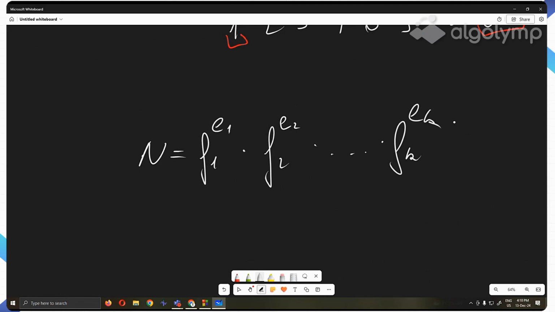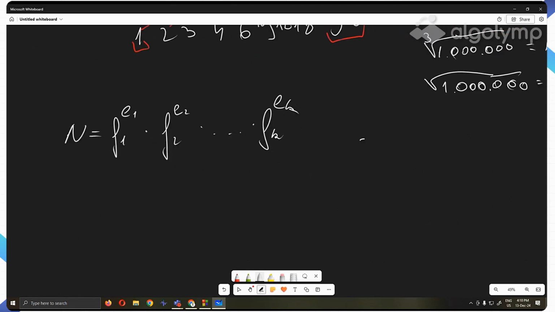For example, if I give you the number 36, you're going to tell me that this is equal to 2 to the power of 2 times 3 to the power of 2. If I give you the decomposition of a number into prime factors, let's see what the number of divisors is equal to. For example, 36.